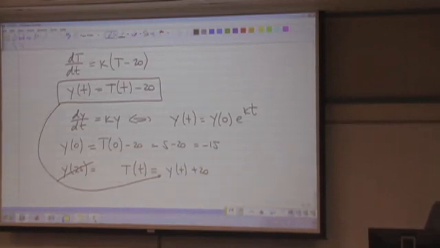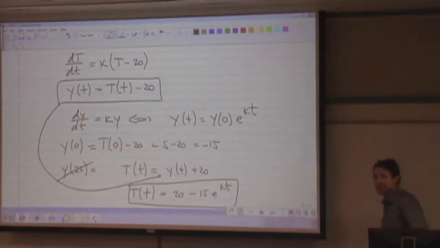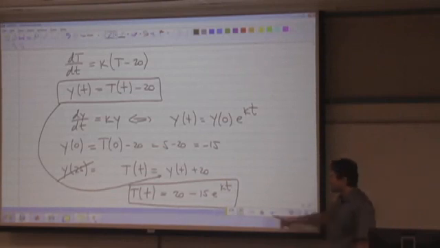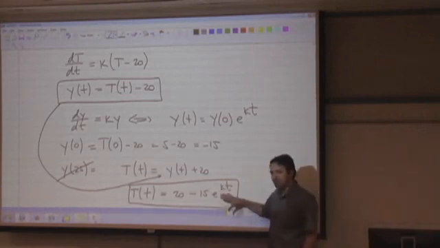So capital T of t is going to equal 20 minus 15 e to the kt. Does that make sense? So now all we have to figure out is what k is, right?